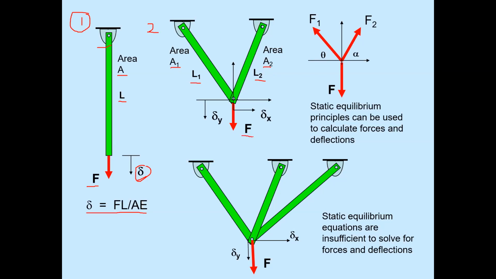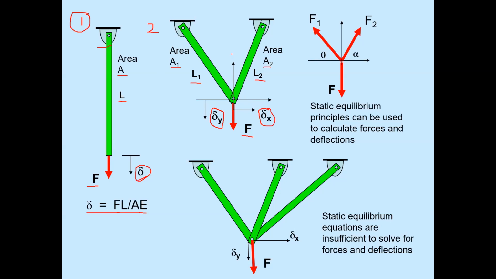The value of that force is F. Now, the first question that should come to mind is where will the structure deflect? If the force is pulling in the downward direction, both members will start moving downward. This member will go this side a little more, and this member will go the other side. So we will have a horizontal displacement called delta x, and a vertical displacement known as delta y.